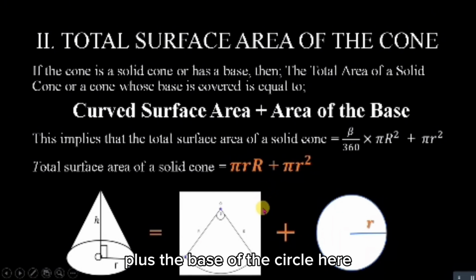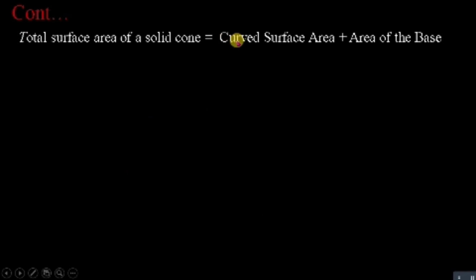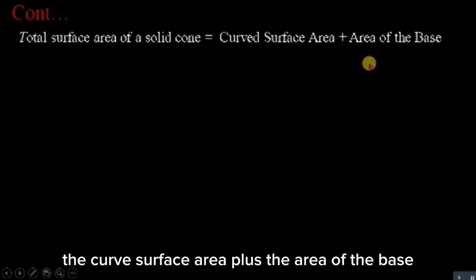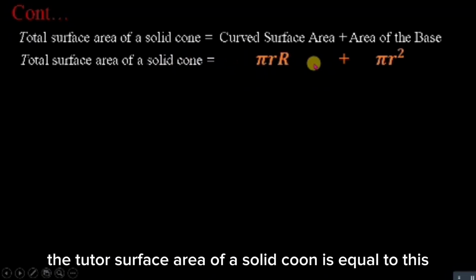Now to continue, the total surface area of a solid cone is equal to the curved surface area plus the area of the base. So we are going to solve part two of our question. Recall from our question that the big R was 40 centimeters.